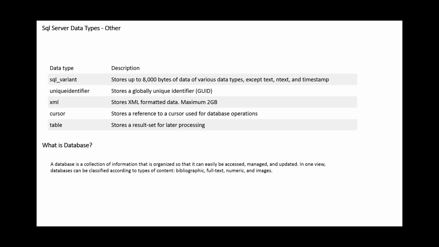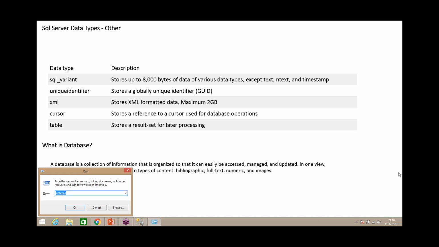It has a start tag, and any HTML file you see will have some XML-like structure. XML is extensible markup language, and HTML means hypertext markup language. If you want to save XML type of data into your database, you can use this data type. It saves up to 2 GB of XML data.